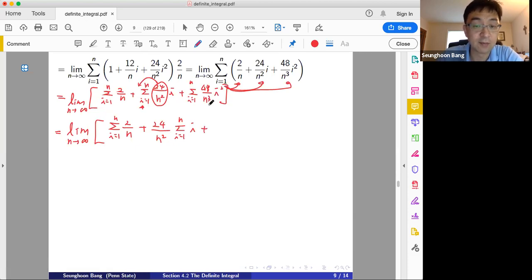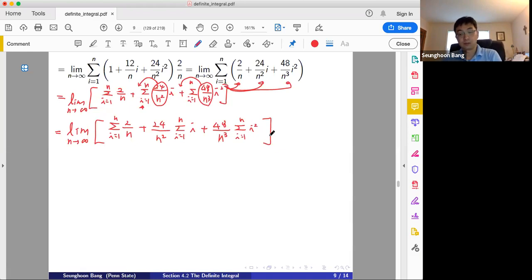Plus, same, 48 over n cubed is a coefficient, it doesn't have i, like a constant, so take it out. 48 over n cubed times summation from i equal to 1 to n of i squared, like this. Yep. What's the next one? The next one is you have to simplify this one.